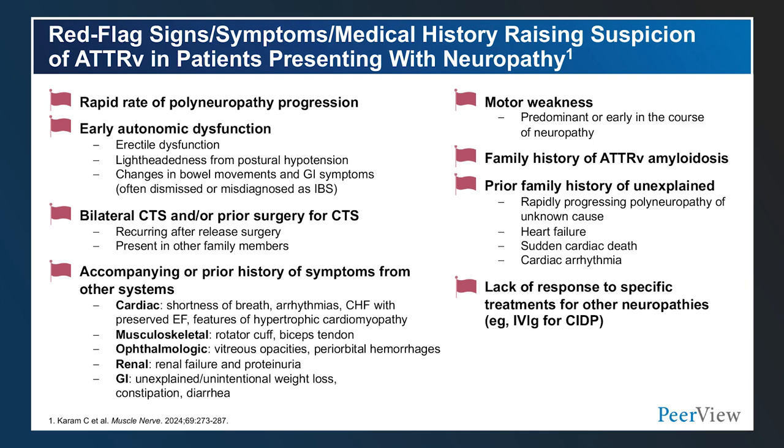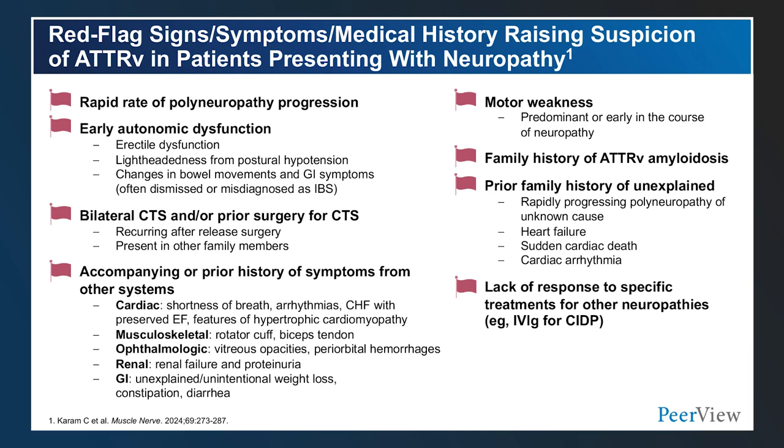So for example, cardiac manifestations can be shortness of breath, arrhythmias, CHF, notably with preserved ejection fraction, features of hypertrophic cardiomyopathy, often like very low voltage EKG. Musculoskeletal manifestations can be rotator cuff tears, bicep tendon ruptures.